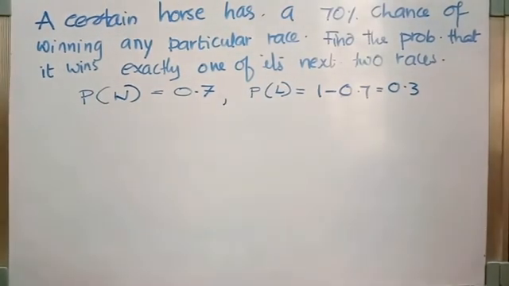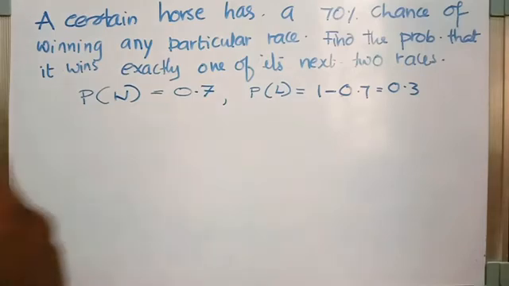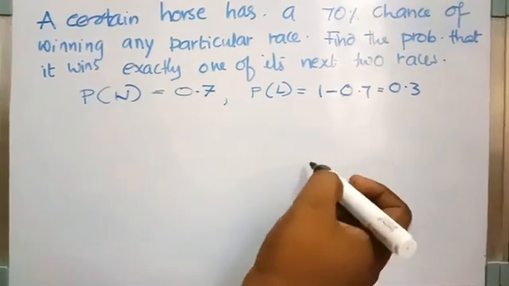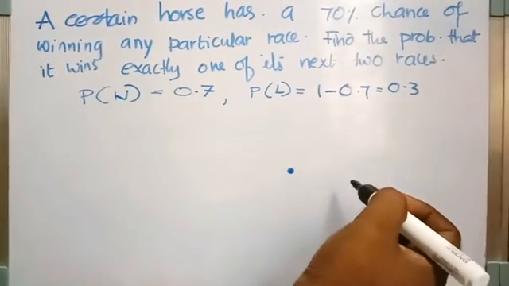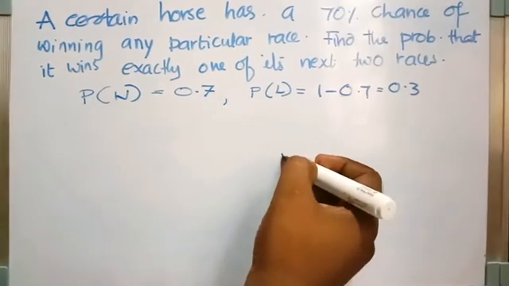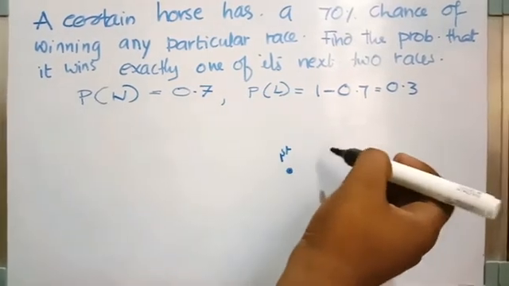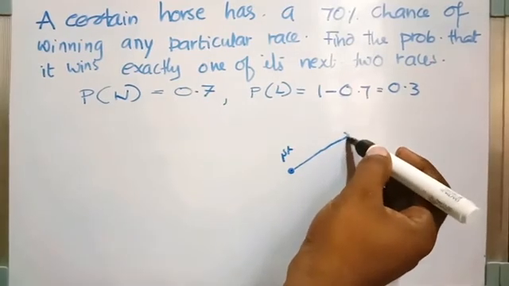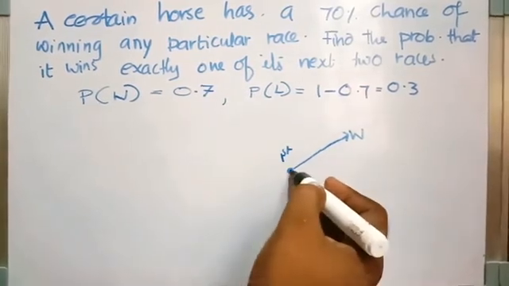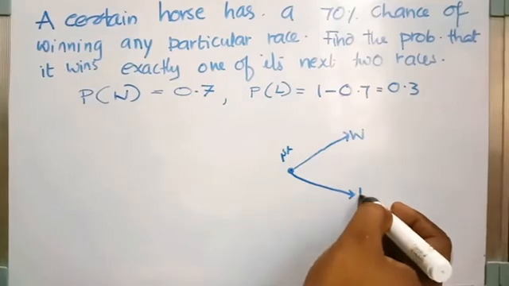For doing this question, it's better to make a tree diagram so that we can make things very clear. If you make a tree diagram for this question, in the first race, the horse has a chance to win or lose.